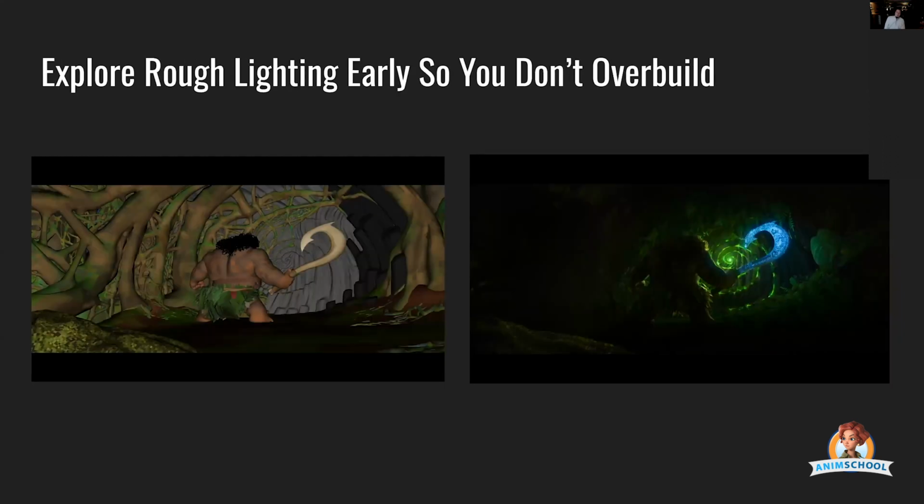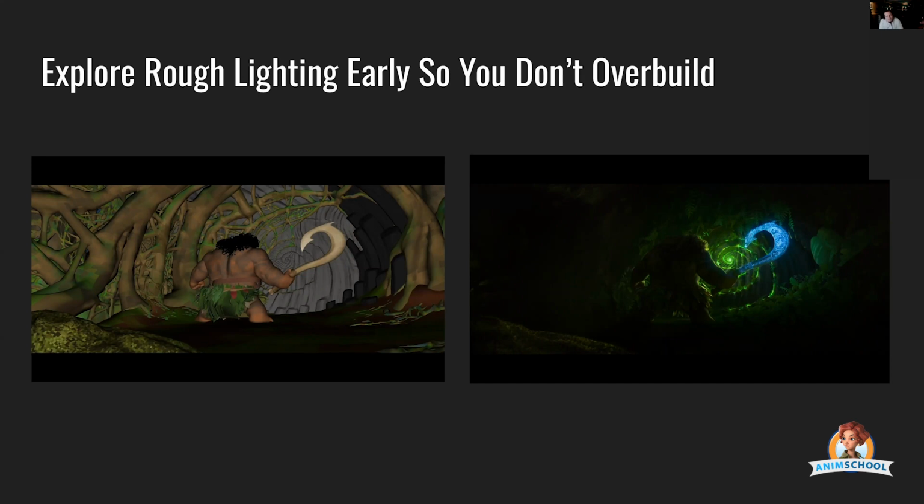So this one is traumatic for me. I spent 6 weeks making all of these routes in Maya, and then this is how it turned out. There's no light in it, it's covered in plants, and I could have spent a week on it and it would have looked exactly the same.